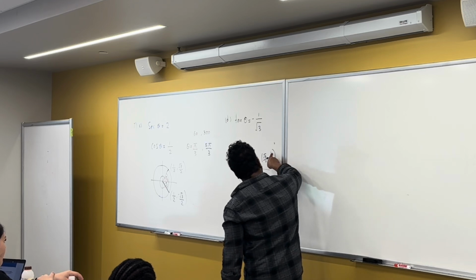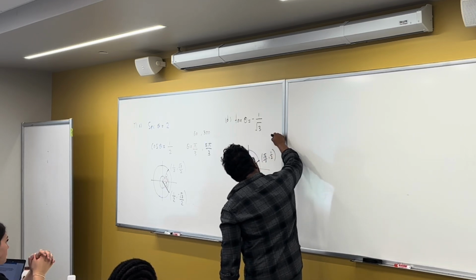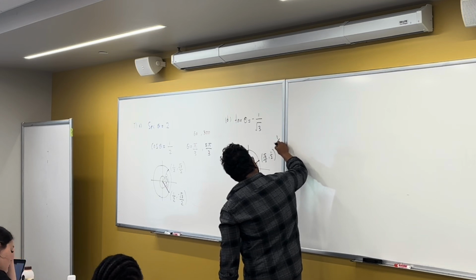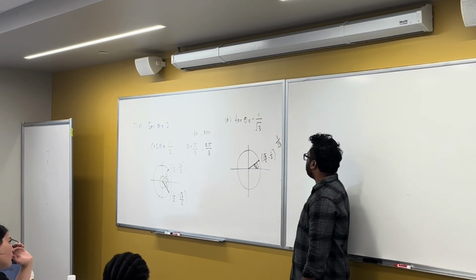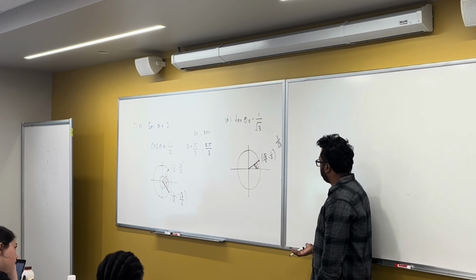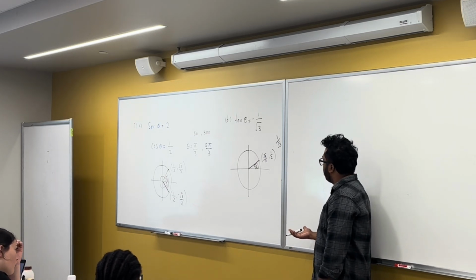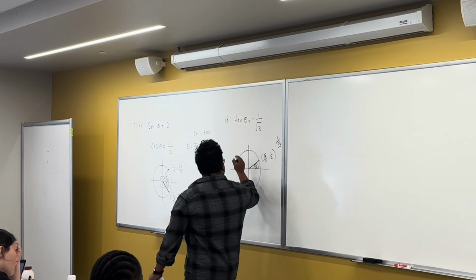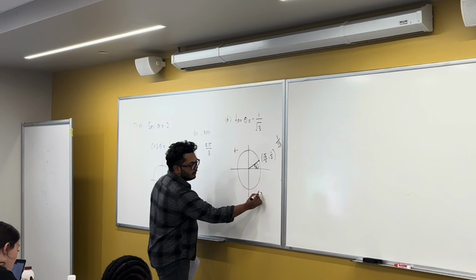Tan you can get by dividing this half by this number. So tan value is 1 over root 3. But I don't need 1 over root 3, I need minus 1 over root 3. Okay? Tan will be negative here and negative here. Agree?